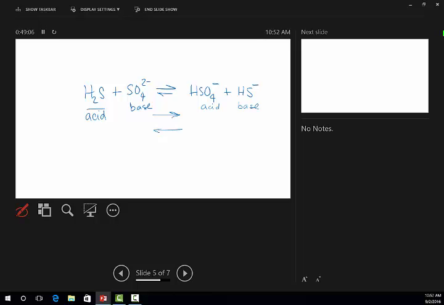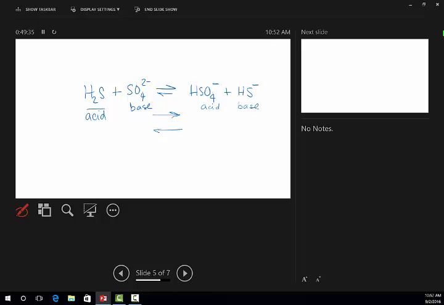Does everybody kind of see that? And if you're like, oh, I don't want to deal with right to left, just write the products on the right, write the ones on the left, and then hopefully you'll begin to see that. So looking at the equilibrium left to right, I've got an acid and a base. Going from right to left, I've got an acid and a base. So once I identify them, my work's done.